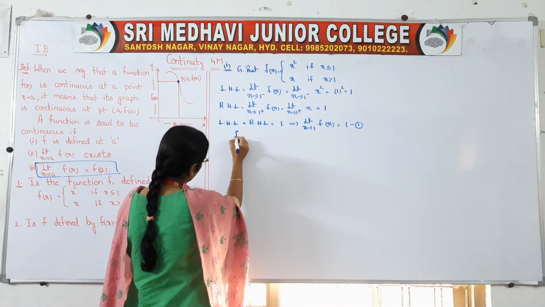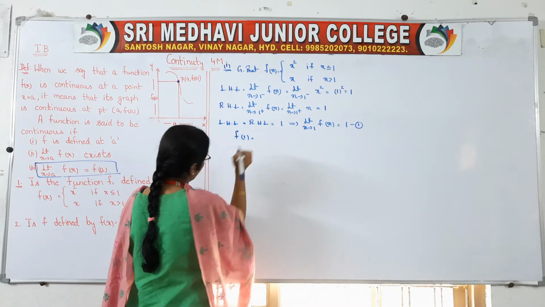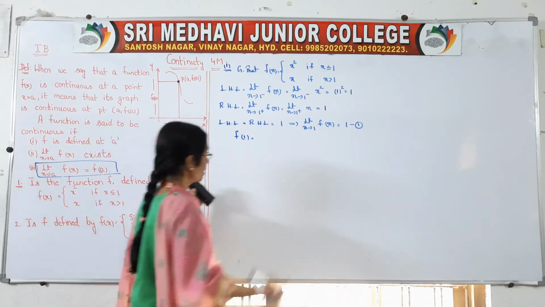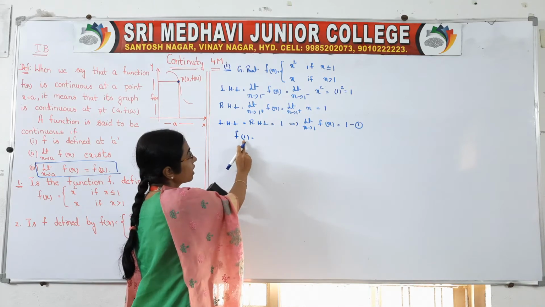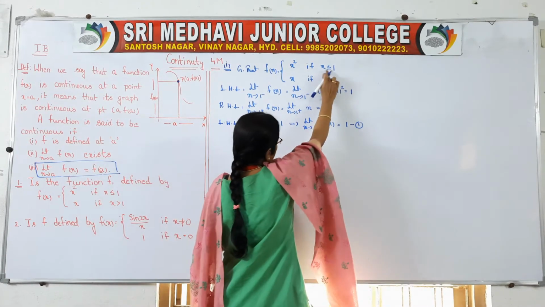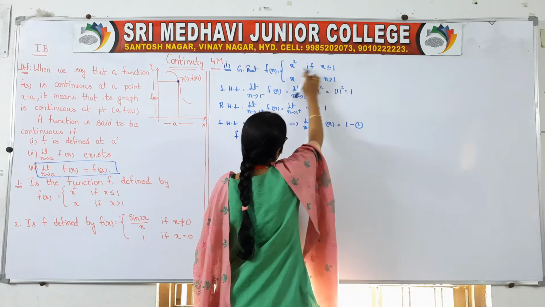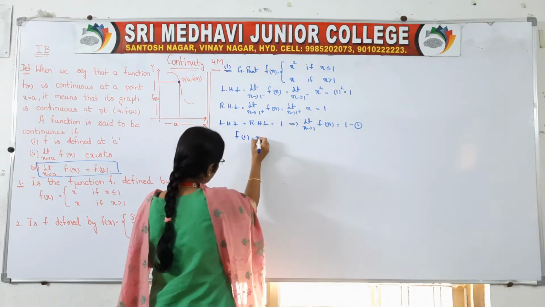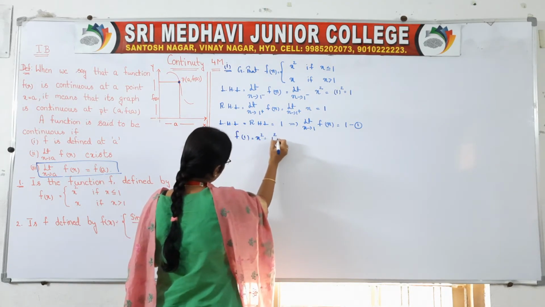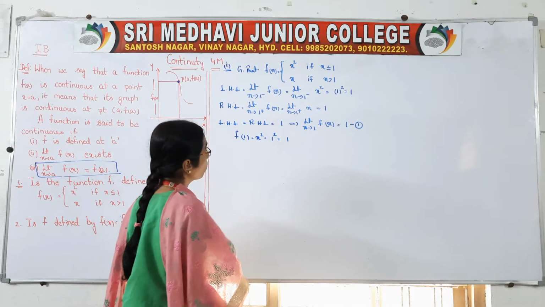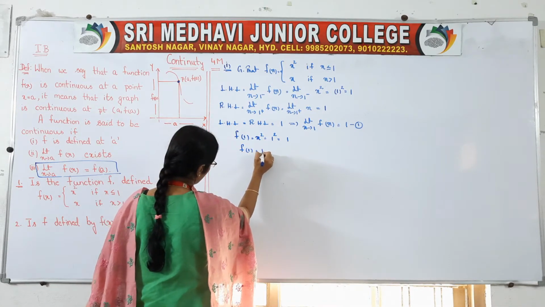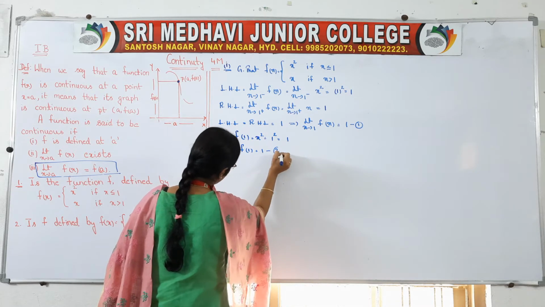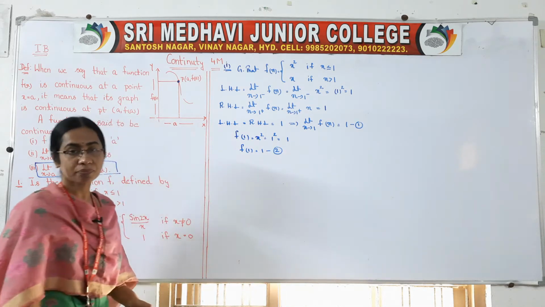So come on, now find f of 1. f of 1 means nothing but f of x value where in x place we have taken 1. So it is x less than or equal to 1 is x square, which is equal to 1 square, equal to 1. So you got f of 1 is equal to 1. This is your second equation.